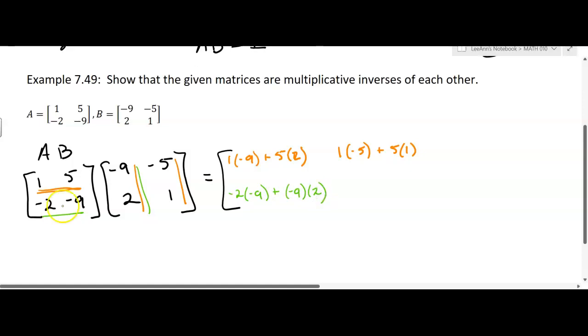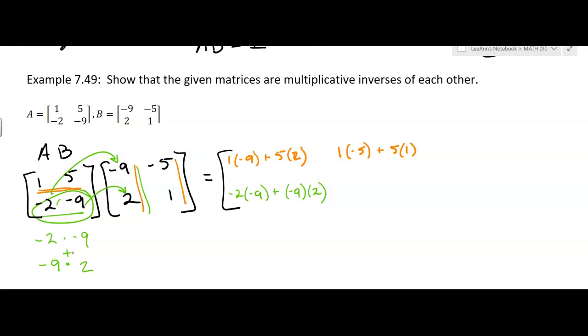That one's hard to keep track of. Remember, you're going this number times that, and then this number times that, okay? So I always think like I'm taking the -2, -9, and lining it up next to the -9, 2. And that's the multiplication, and then we're adding those together. Okay, that probably doesn't make sense to you, but that's what we're doing.